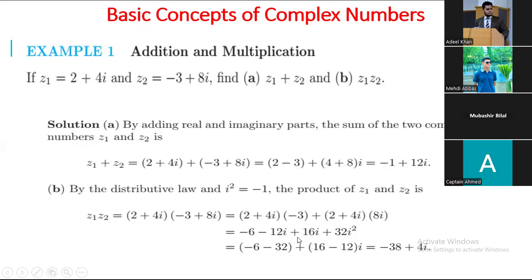So for the arrangement of 32 iota square, we know that in the previous slide we discussed iota square equal to -1. So this -1 would be multiplied with plus 32 and would be -32. Both the 32 and 6 would be real numbers, so we arrange these two terms, -6 and -32, as well as the imaginary terms with each other, that is 16 and 12.